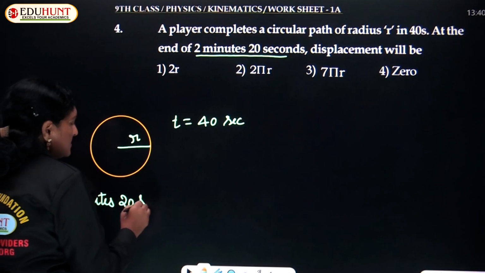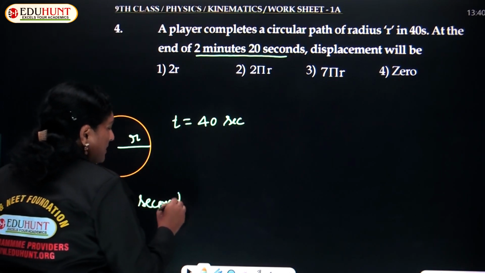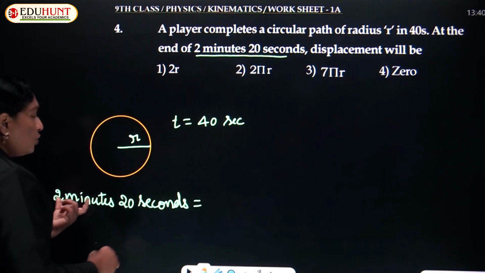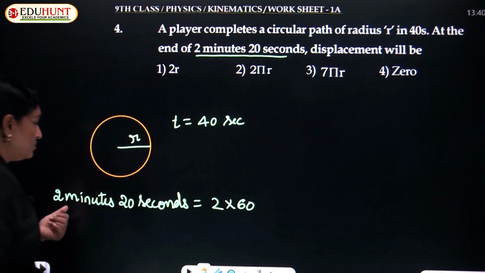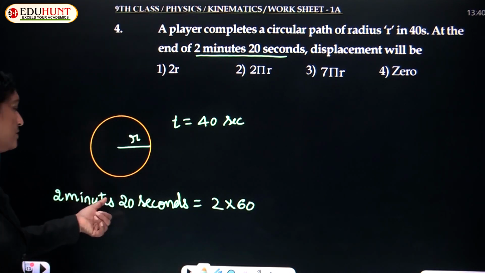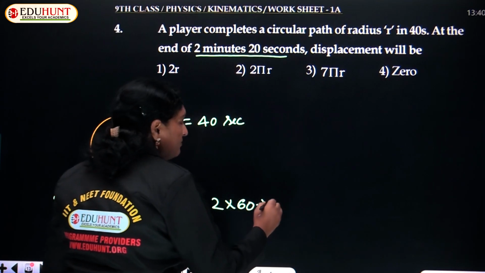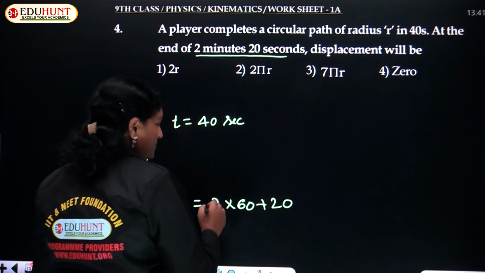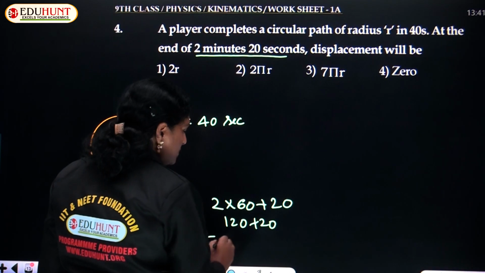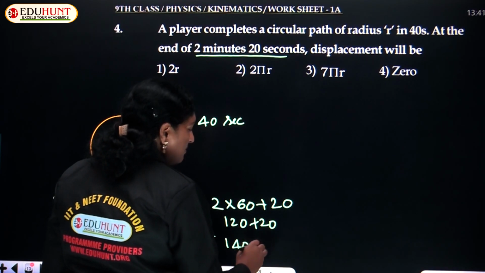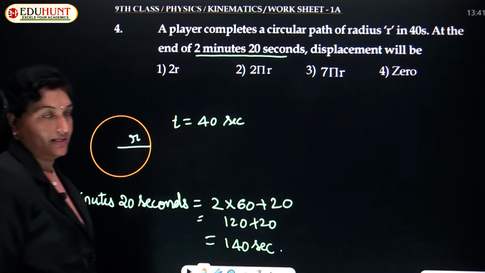Each minute has 60 seconds, so 2 minutes means 2 into 60, and additionally we have 20 seconds. So this is 120 seconds plus 20 seconds, altogether 140 seconds.